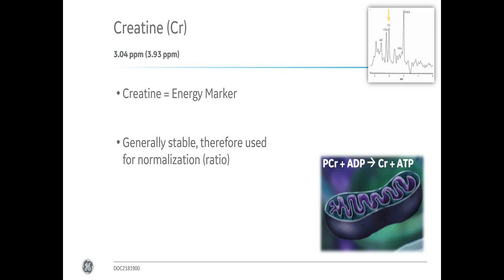And as I said, it's pretty well preserved, and therefore we typically use it for normalization as part of ratios. So you might see NAA over creatine ratio or choline over creatine ratios given in a lot of reports or publications rather than other measures for the individual peaks.